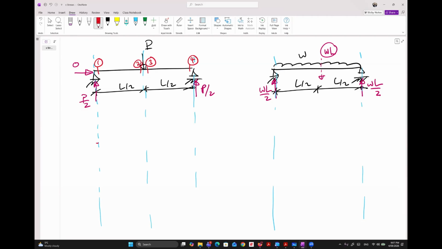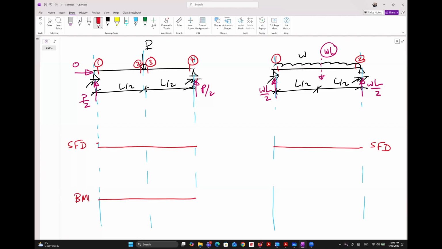And we have this diagram for the shear force diagram, and this, cut number 1, cut number 2, is for the bending moment diagram.